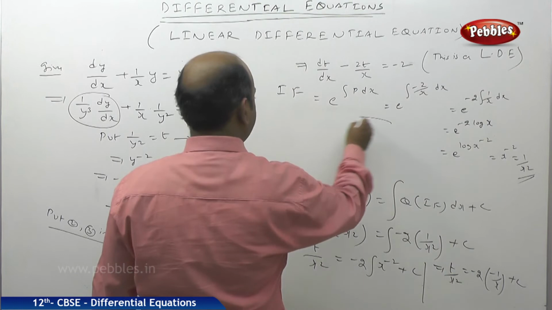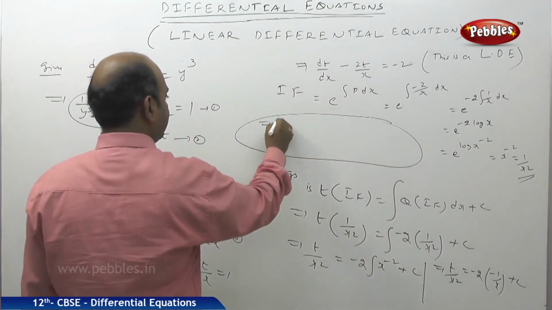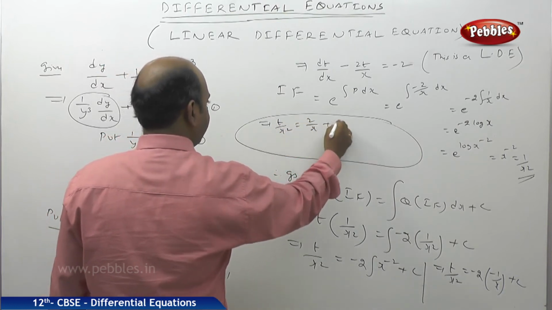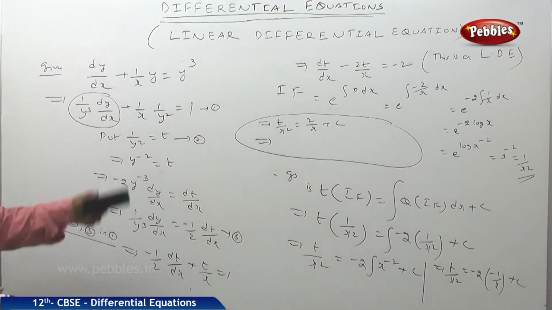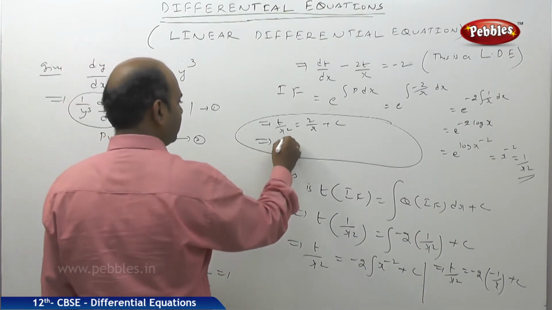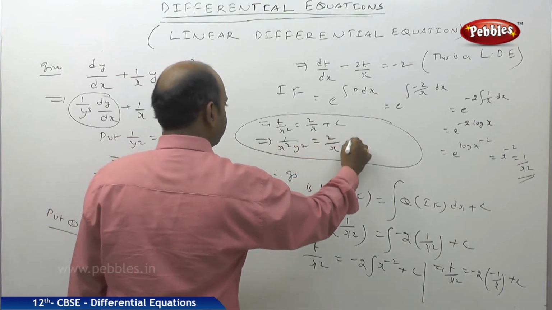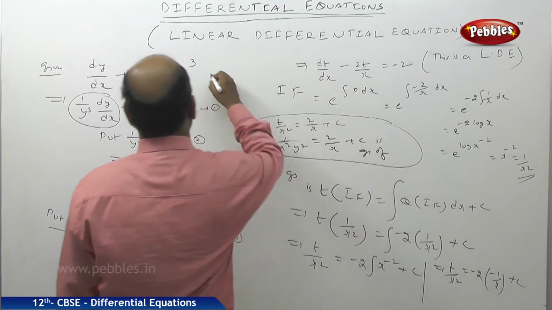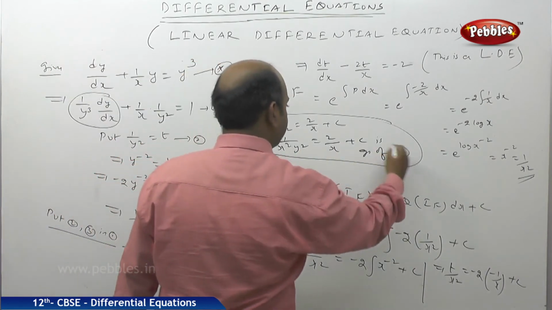So finally I am writing the solution over here: t by x square is equal to 2 by x plus c. But t is nothing but what we assumed as t, y power minus 2. That means 1 by x square y square is equal to 2 by x plus c, is the general solution. If I call this as star, this will be the star.